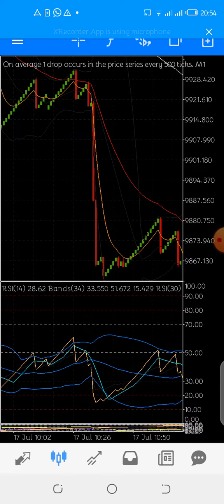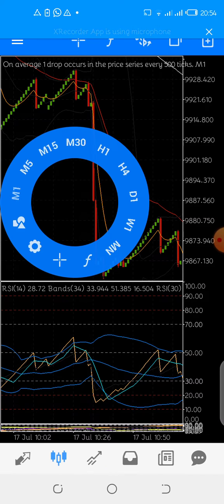We go back to the next one. The other properties there are M1, M5, M15, M30. That is the time frame, like on the MT4 or the MT5 at the top part of your chart.